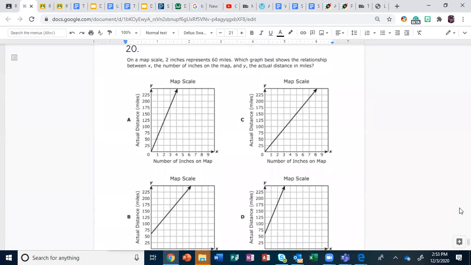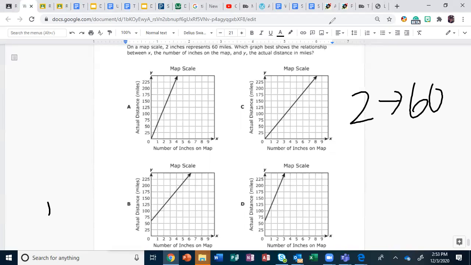Question 20. Same type of question as the ones that we did before that you guys were really good at. So 2 inches represents 60 miles. 2 inches is equal to 60 miles. So 2 equals 60, right? Let's find out on our tables what 2 is equal to in each one. The 2 inches are on the bottom, so I'm going to circle them. 2, 2, 2.